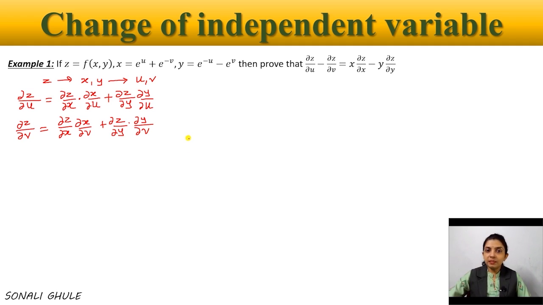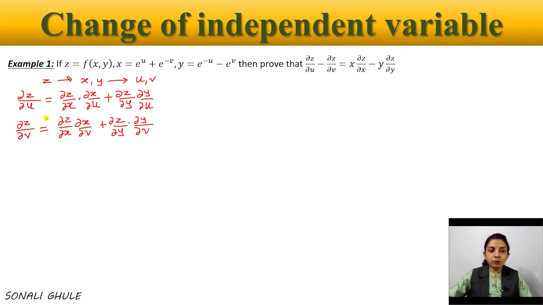So simply we can solve this proof now. If you observe your left hand side, to prove this we are going to show left hand side is equal to right hand side. To solve the left hand side, I just have to find these partial derivatives, and by using this chain rule, I can find z with respect to u and z with respect to v.